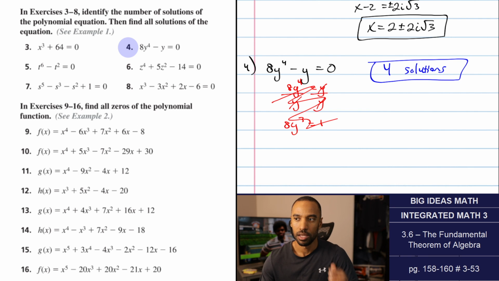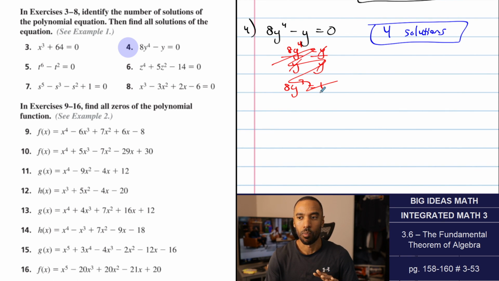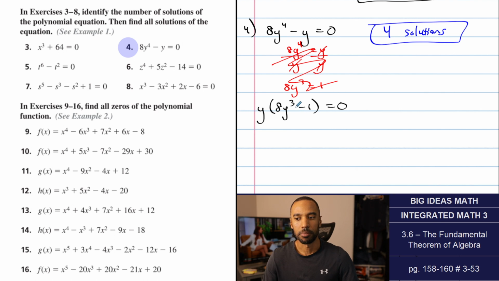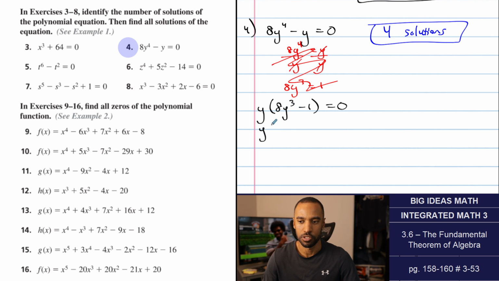Instead, do this. Don't divide by y, you factor y. Y is a common factor here. Now you have 8y cubed minus 1. And from here, we can continue our factorization. Keep in mind that is a difference of 2 cubes.